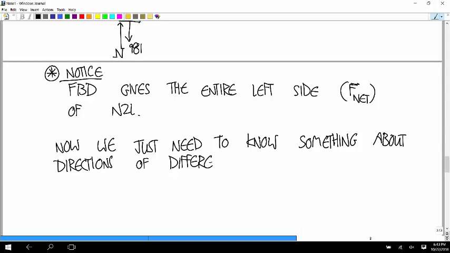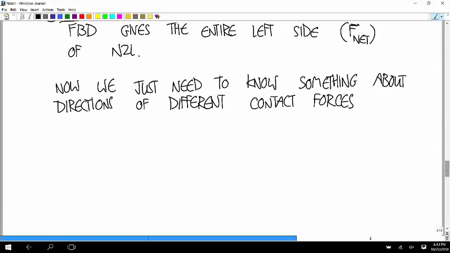We already have gravity, so these are all contact forces. Okay, so what are the different types of contact forces?